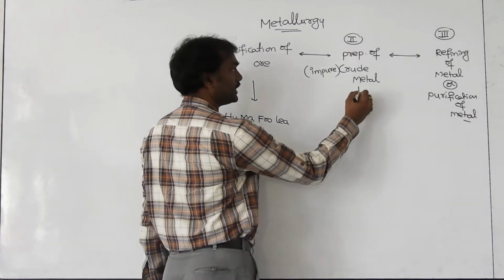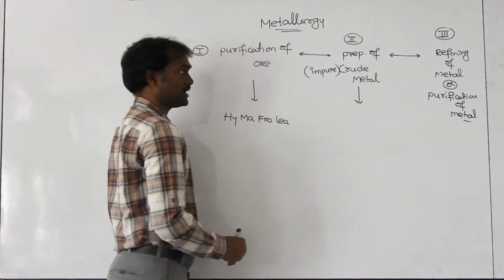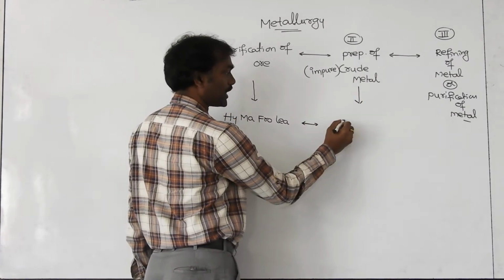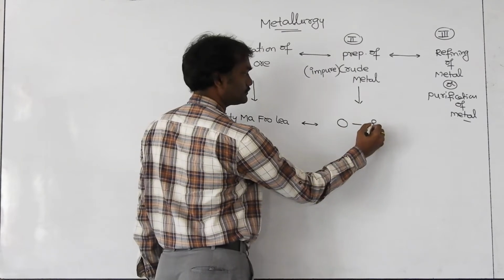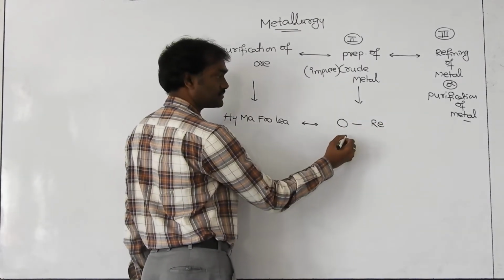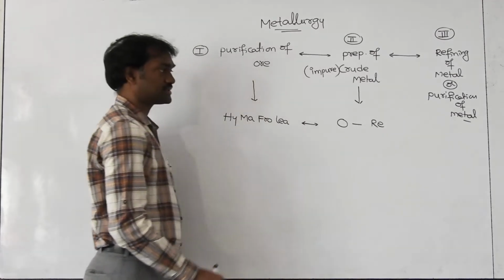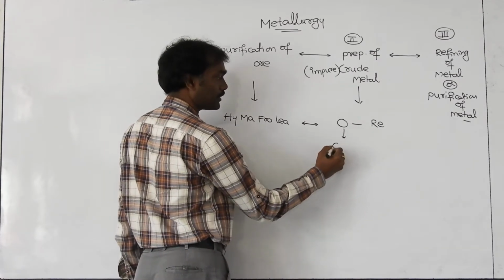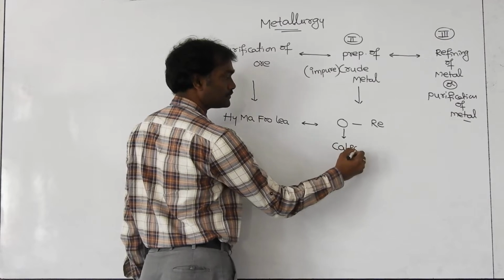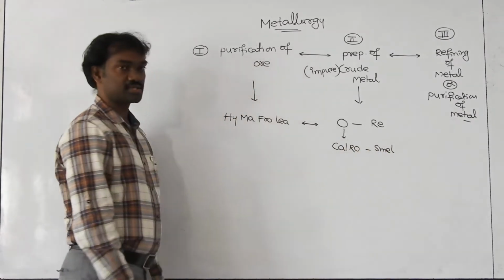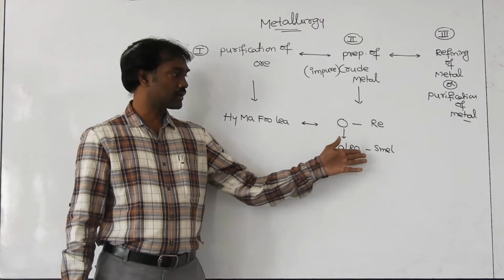Next, in the preparation of crude metal from ore, O means oxidation process. Next, reduction process. In oxidation, we have the shortcut for remembering: ore, corrosional.